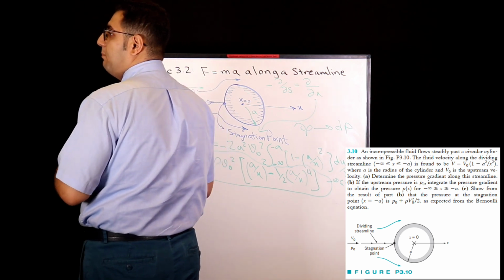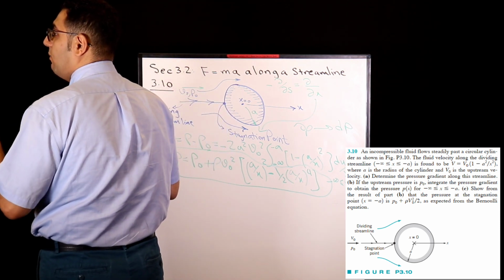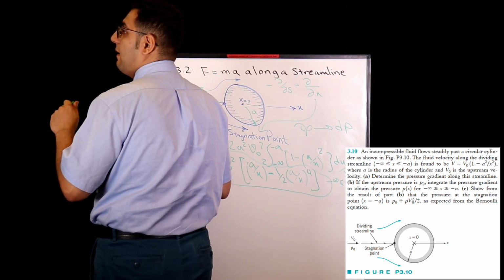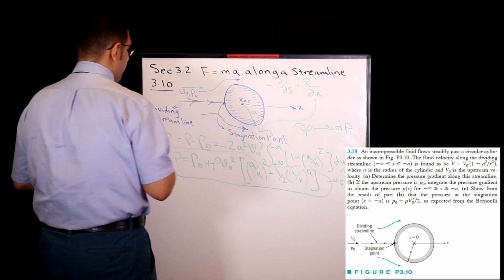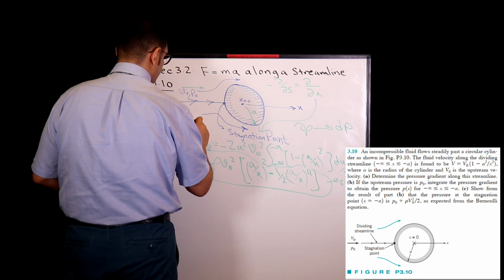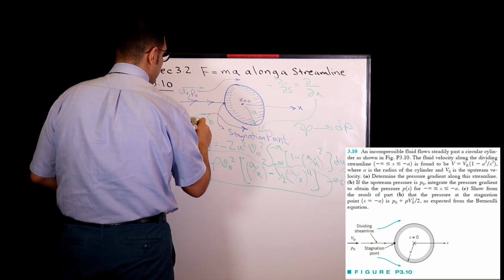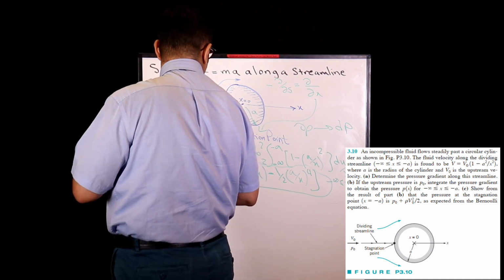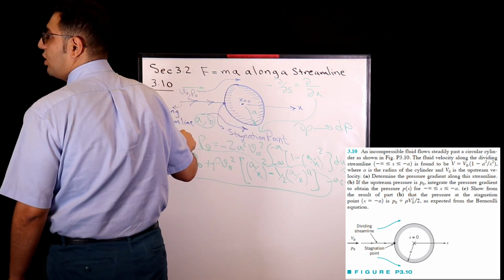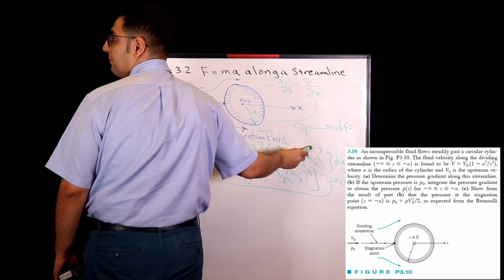For part B, we have just done the whole thing for parts A and B. Excuse me, I just messed it up. Part A was to identify the pressure gradient, which was this.